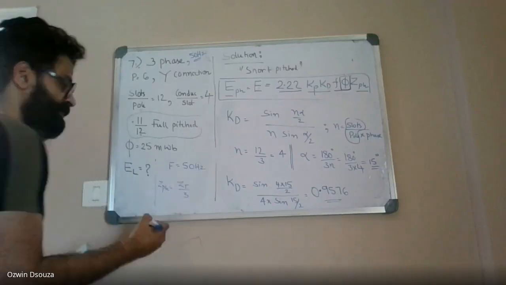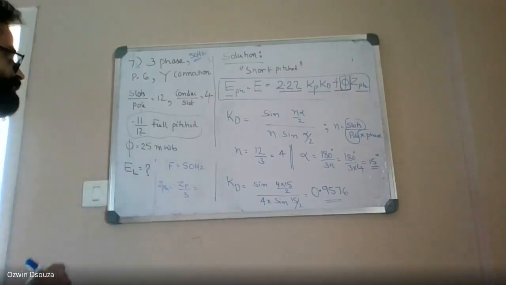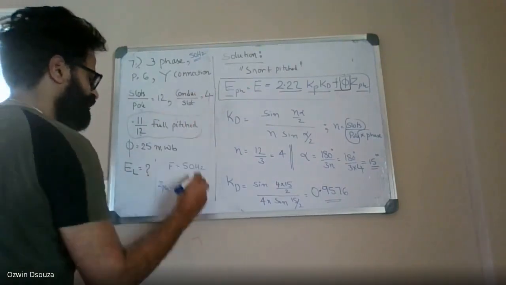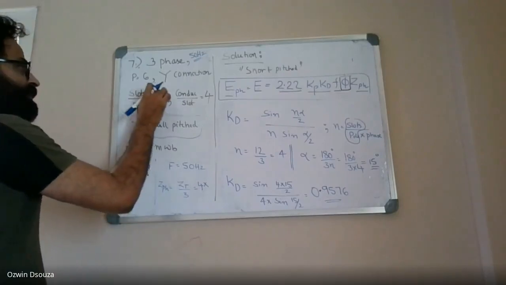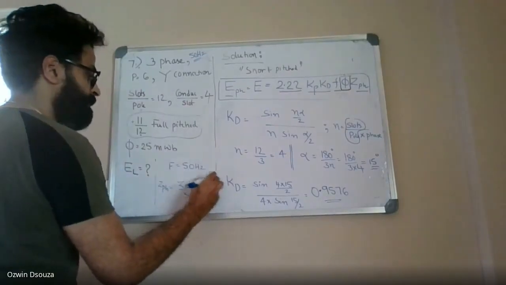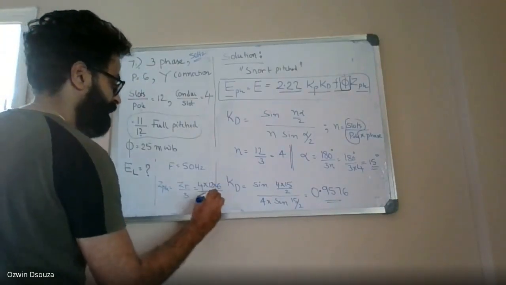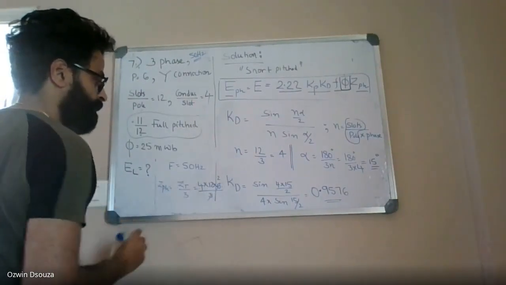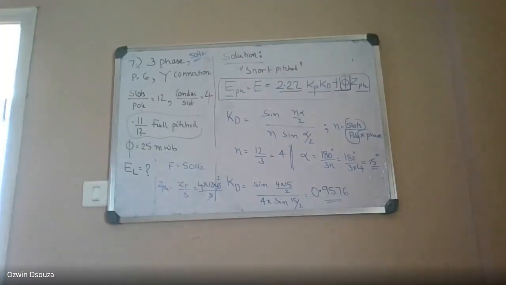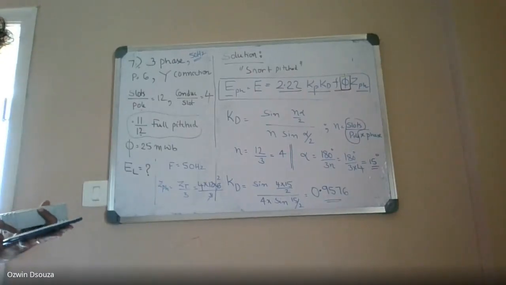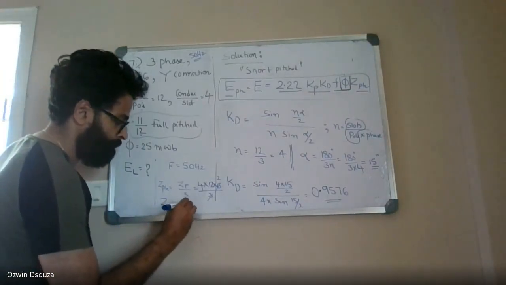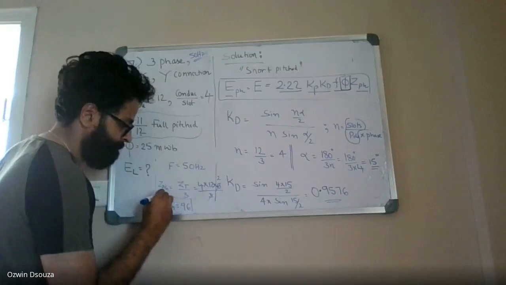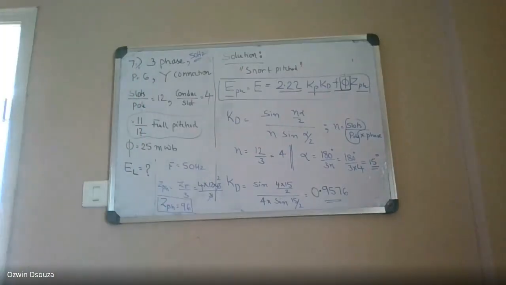Z phase is Z total divided by 3, where Z total is equal to 4 into slots. Slots are 12 into poles, 6, divided by 3, so basically it is 24 into 4, which is 96. So Z phase is 96.